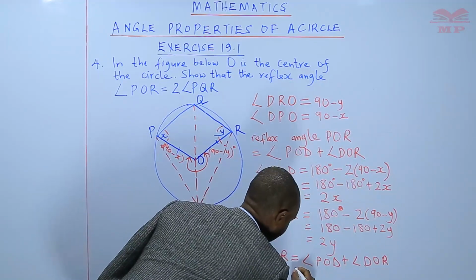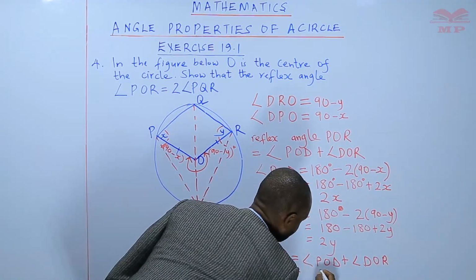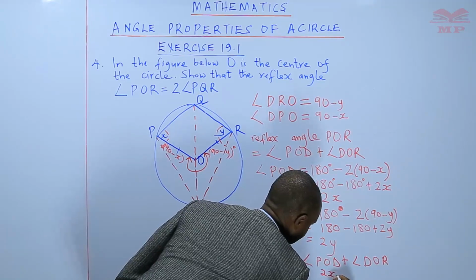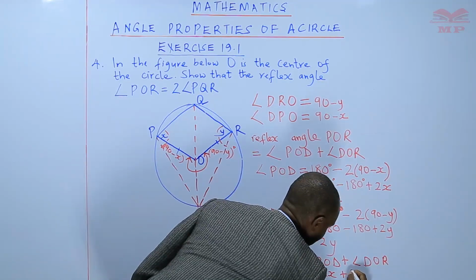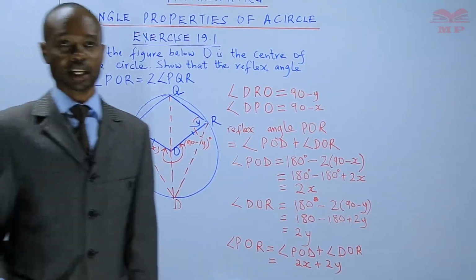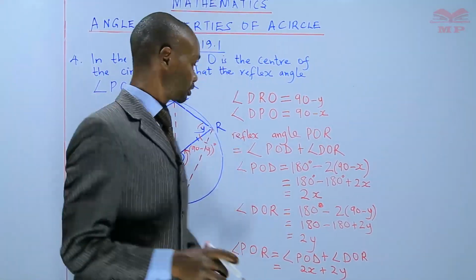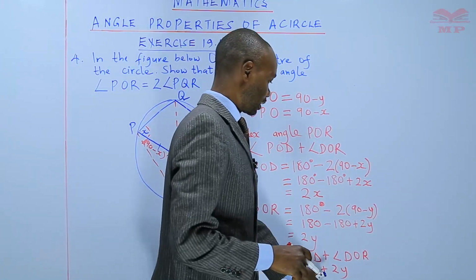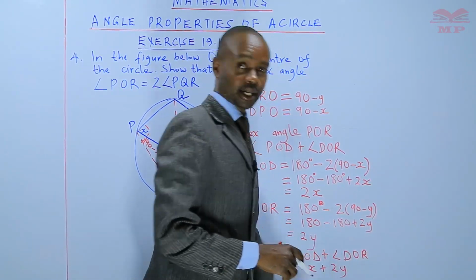Which gives you 2x plus 2y. Now, that is the value of the reflex angle we are looking for. Its value is now 2x plus 2y.